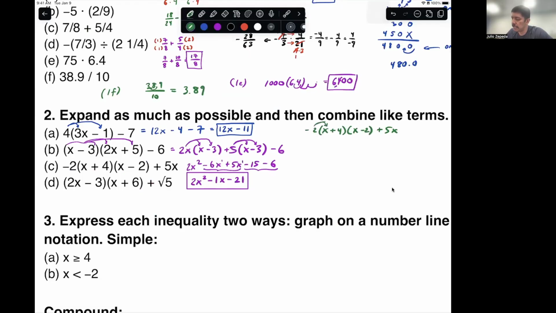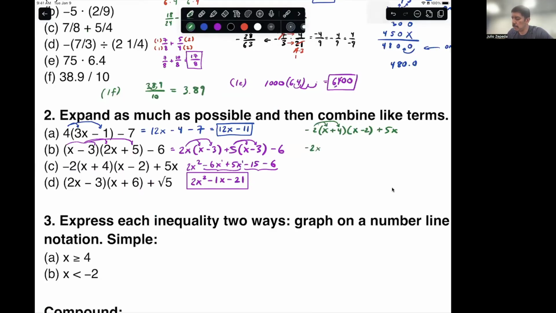So I will distribute this negative 2 to that first set of parentheses. One common mistake that students think is that they can distribute this negative 2 to both of the sets of parentheses, and that would be incorrect. We should multiply to only the first set or the second set, either one, but not both. I think it's most natural to distribute into the first set of parentheses, so I'll do that.